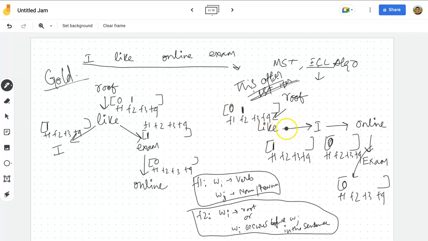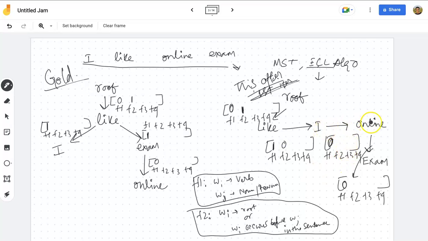Like occurs after I in the actual sentence, but the feature says wi occurs before wj.